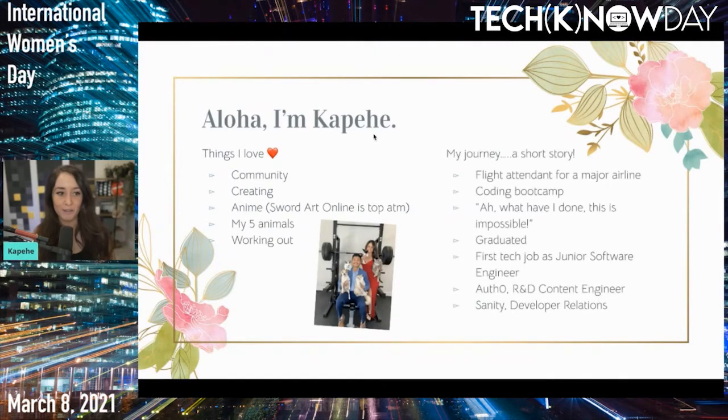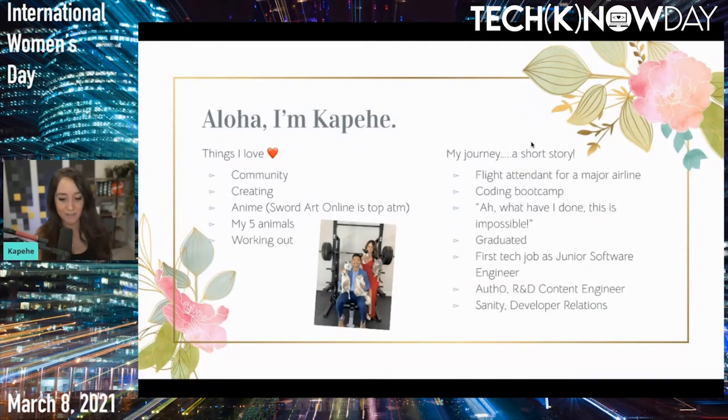So, my journey, a short story. I used to be a flight attendant for a major airline, and it was amazing. I had so much fun, but I knew it was not my forever thing. So, I actually found coding. I went to a coding boot camp, and every single day I was at that boot camp, I thought, what have I done? This is impossible.